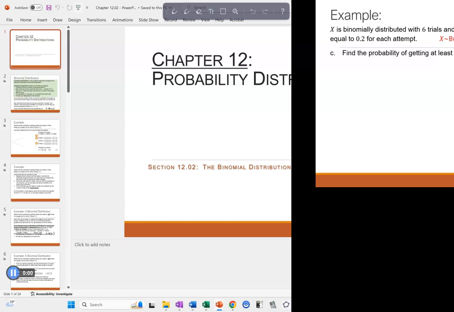Yes, we could do this instead as 1 minus the probability of not at least 1 success. What is the negation of at least 1? It would be less than 1. How many successes can we have less than 1? Just 0, right?